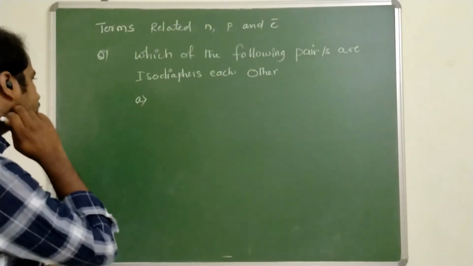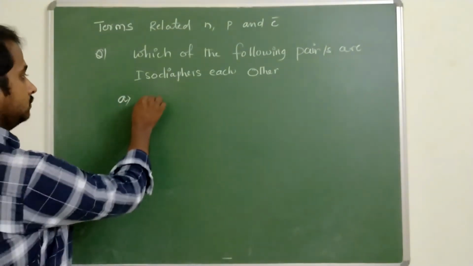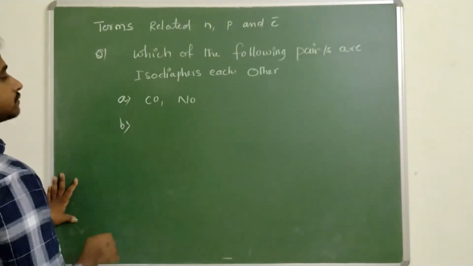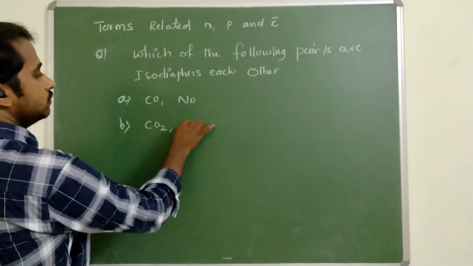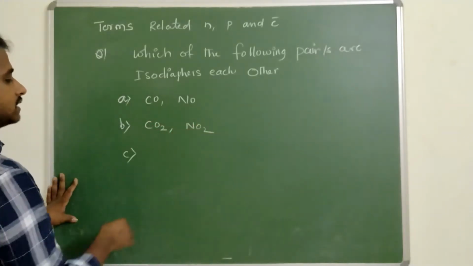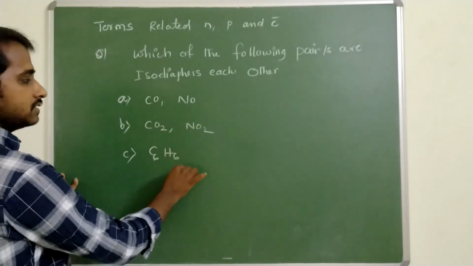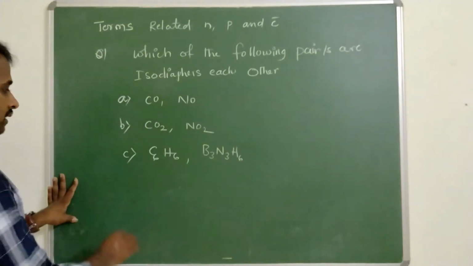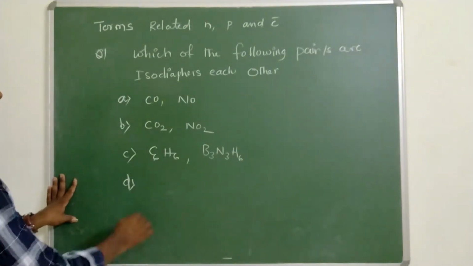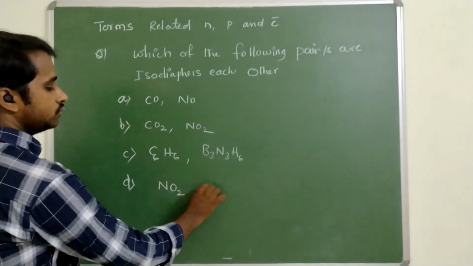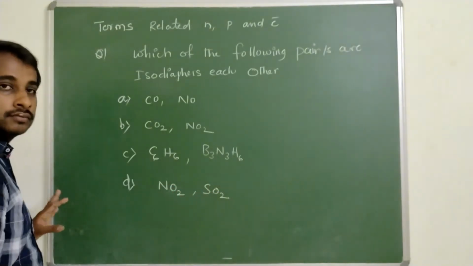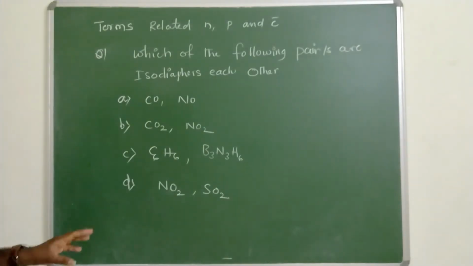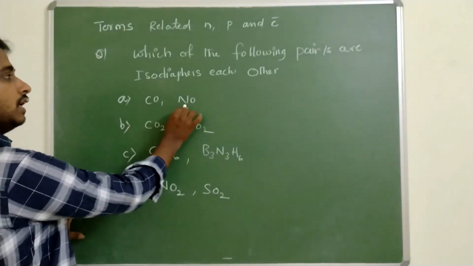Option A: CO and NO. Option B: CO2 and NO2. Option C: C6H6 and B3N3H6. Option D: NO2 and SO.